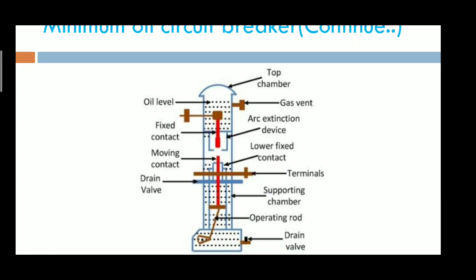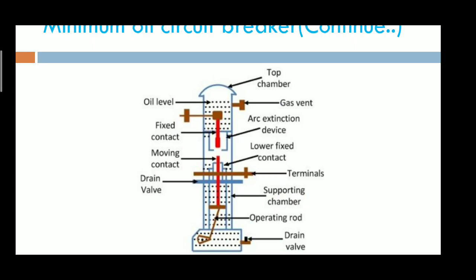Next is the arc extinction device. This is the arc extinction device, this is the fixed contact, and this is the lower fixed contact. These are the terminals, and this is the operating rod.